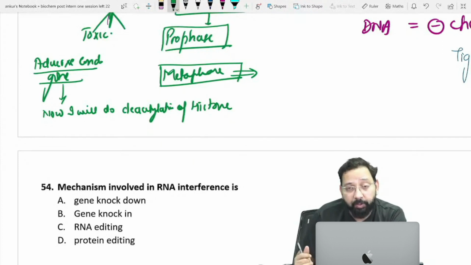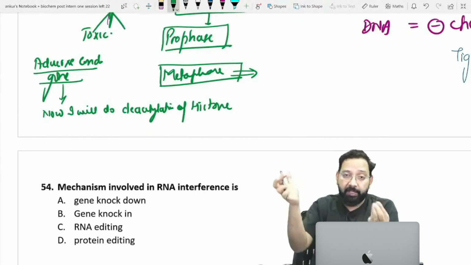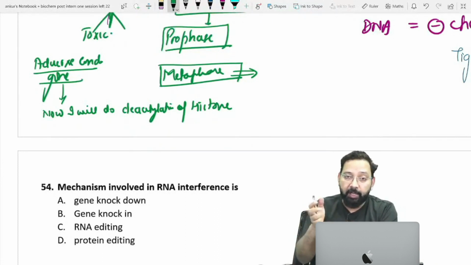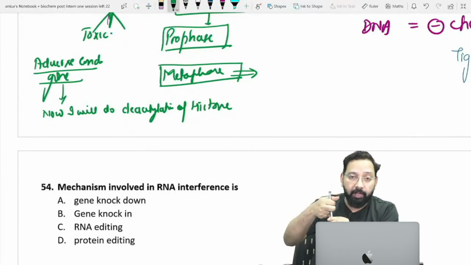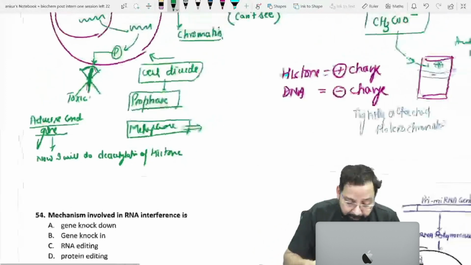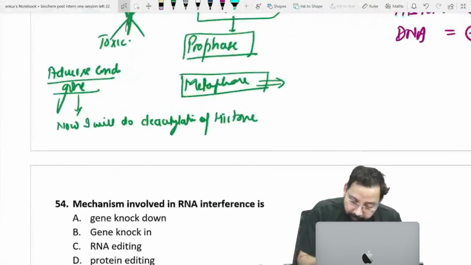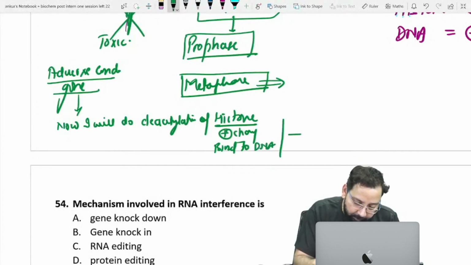When I do deacetylation of histone, it will again have positive charge and DNA will bind to the histone protein. Deacetylation of histone, again positive charge, binds to DNA, heterochromatin.